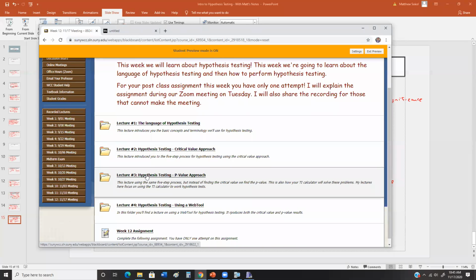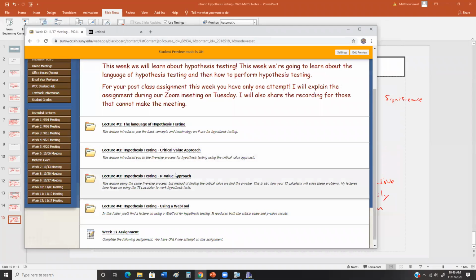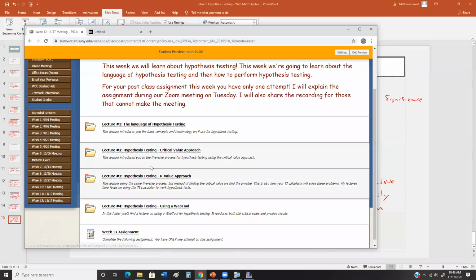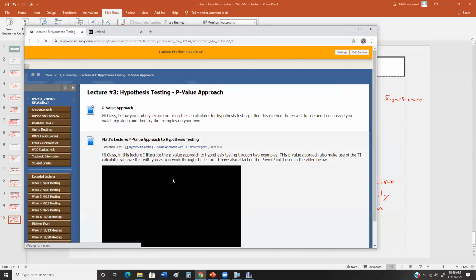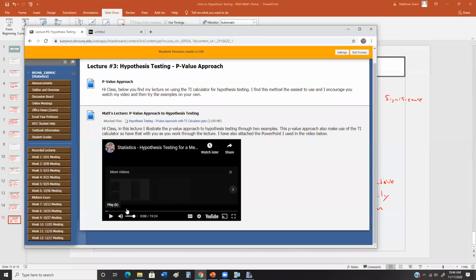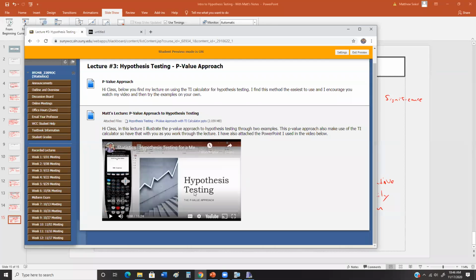It's called the p-value approach. I'm gonna be honest with you, I actually think the p-value approach is easier, because it relies heavily on your calculator. Your calculator does all this work for you, which is nice. So please watch this video here. It's 15 minutes and walks you through 2 examples.